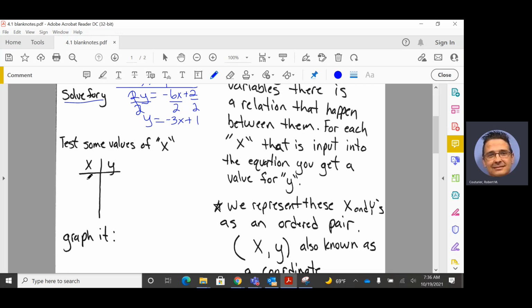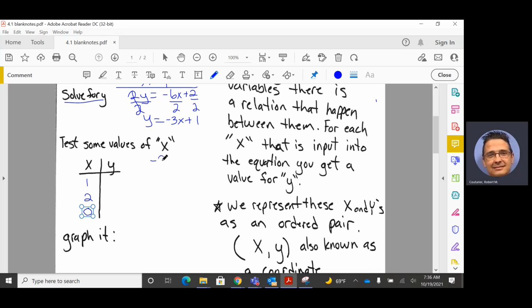So let's look at this. I'm going to plug in a 1 into this equation, I'll plug in 2, and I'll plug in 0. Okay, so let's plug in 1, and you have to evaluate it.